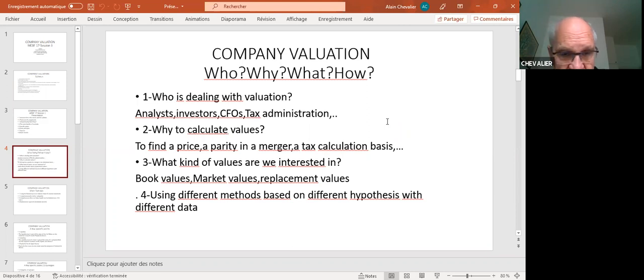You need also market values, because transactions are made on the basis of market values, not on book values. And you need also replacement values.